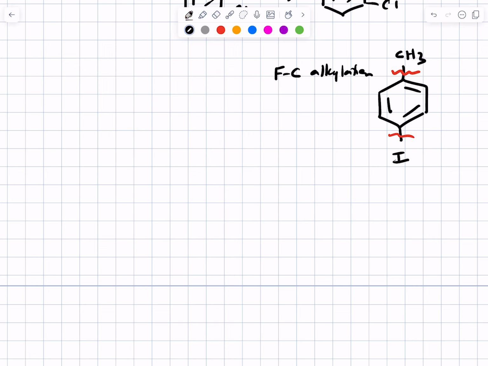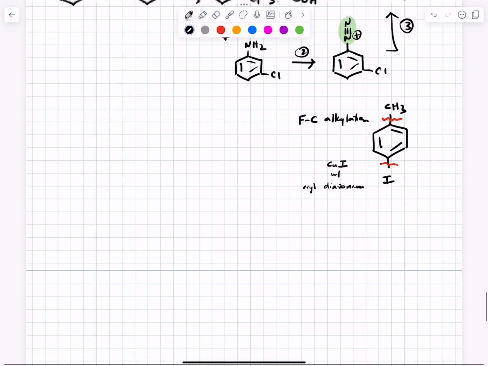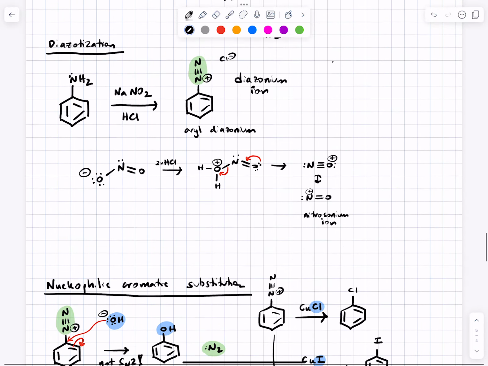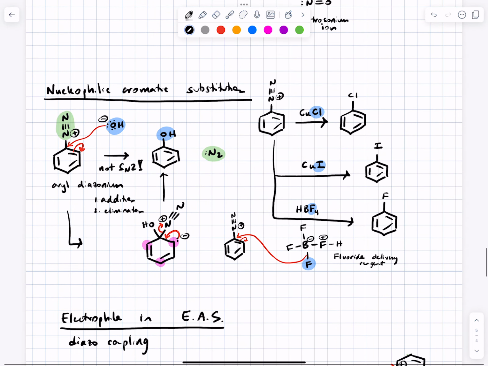Well, the only way I know how to get the iodo on there is by reacting copper iodide with the aryl diazonium. That's the approach here, where we would first need to have the diazonium leaving group, and then replace it with iodide.